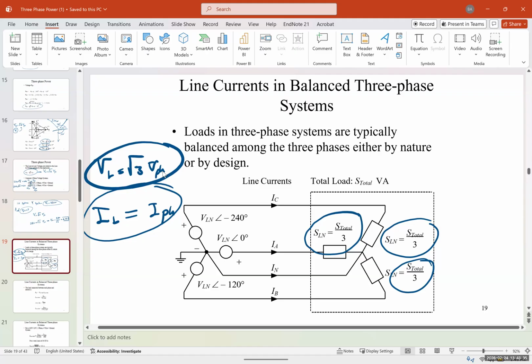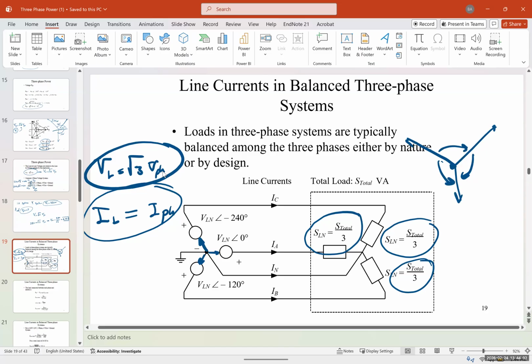And according to Kirchhoff's current law, I have IA, IB, and IC going in different directions. Each of them has a 120-degree phase shift. So imagine I am pulling in 3 different directions with 120-degree shift.